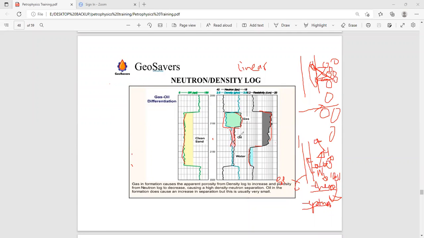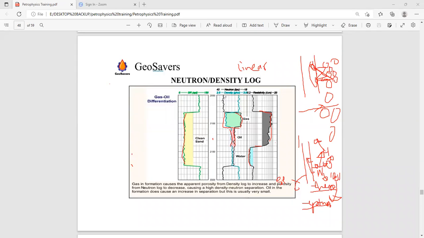Even though sometimes when we calculate the density, it tells us already that this is oil and this is gas, because we know the density of oil and we know the density of gas. But if you want to differentiate qualitatively, you need to see this balloon effect. I don't know if we are going to get into the details of this balloon effect and what causes it, but you realize that once you get into an environment that is gas, what happens to neutron?